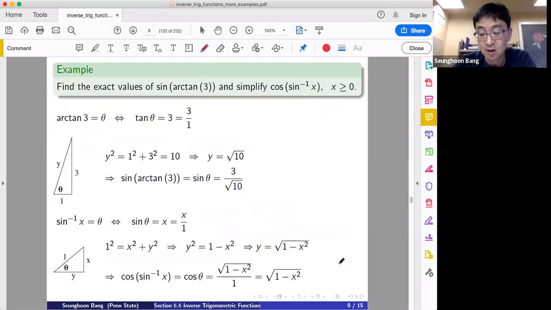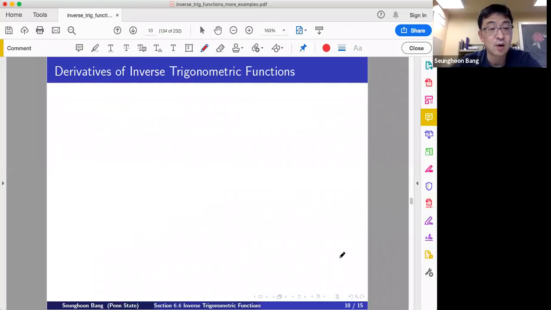Next, how can you find the derivative of inverse trigonometric functions? Here, y equals inverse sine of x, which is equivalent to x equals sine of y, right? You can use the relation between the inverse function and the function f. What does it mean? y equals the inverse of f of x is equivalent to x equals f of y.